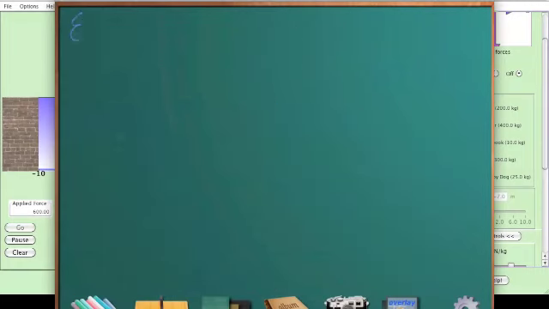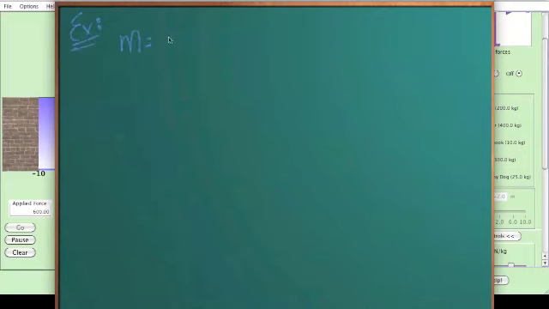So in the first case, we had a mass of 200 kilograms, and we applied a total force, or net force, of 600 newtons. Let's see what the acceleration tells us. With the same formula, F equals ma, the net force is 600 and the mass is 200 times a.